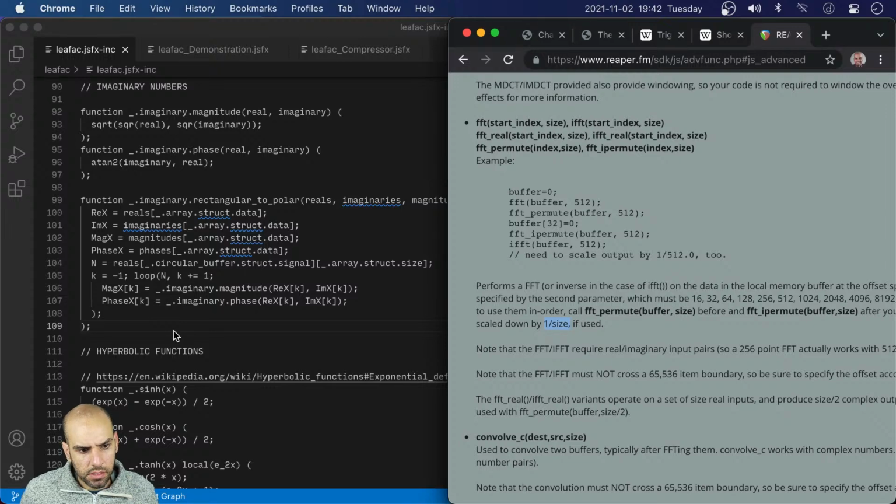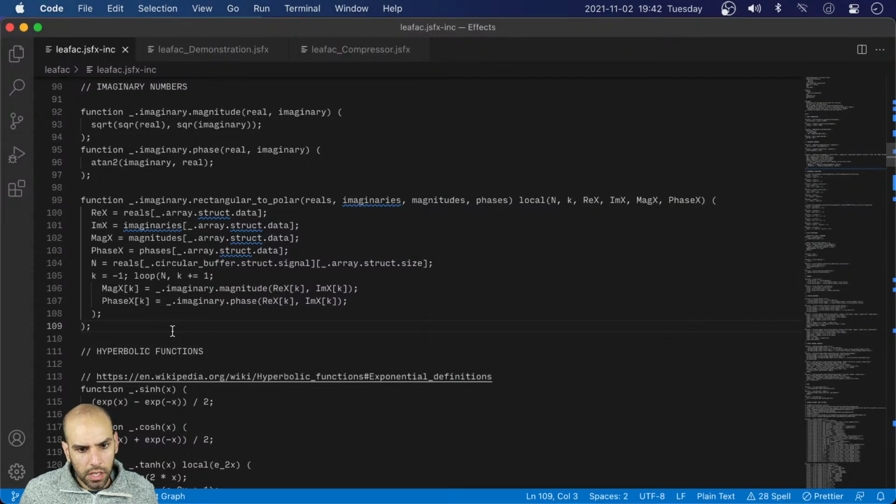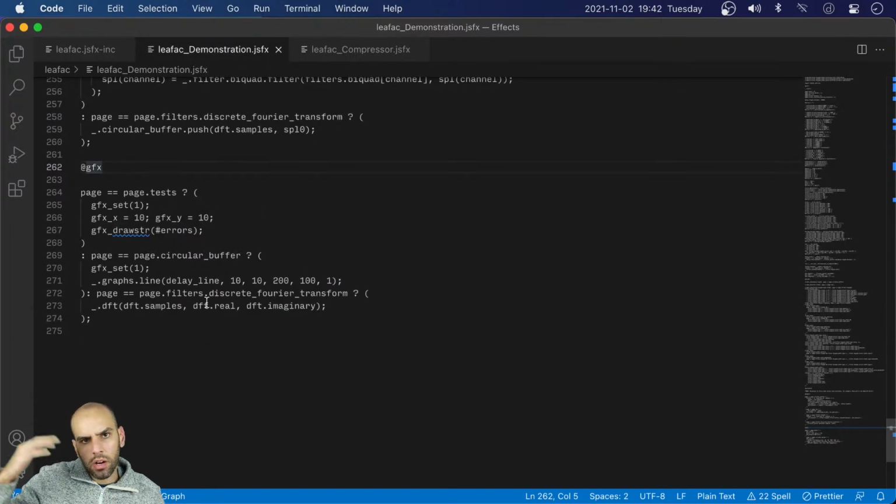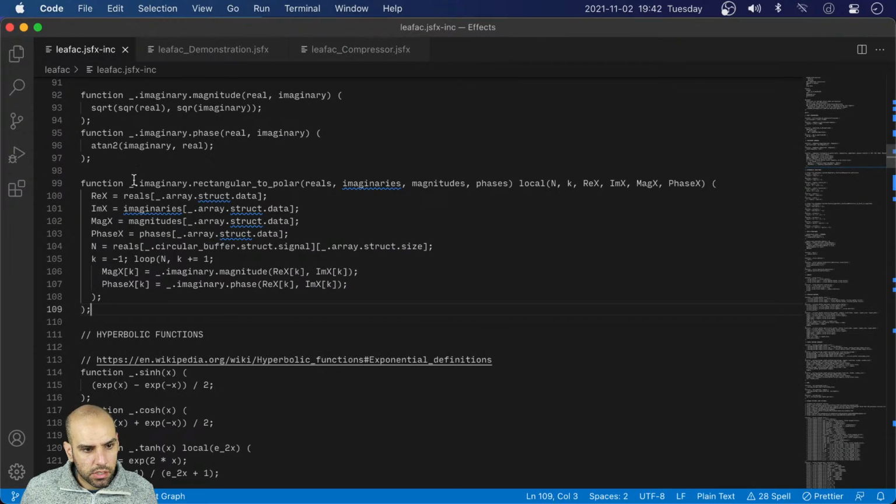I haven't decided, but I don't care. So maybe we can try to plot this real quick, and if we are wrong about this size thing, it's just going to be super big, and then we can scale it down if necessary. So right now we are computing the DFT and we are getting a hold of the imaginary stuff, and then let's call this other function to do the polar.